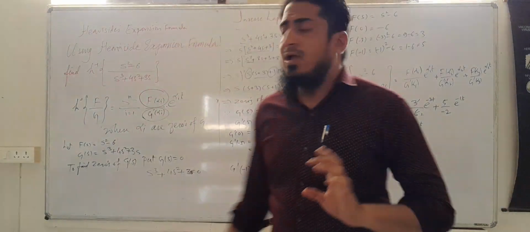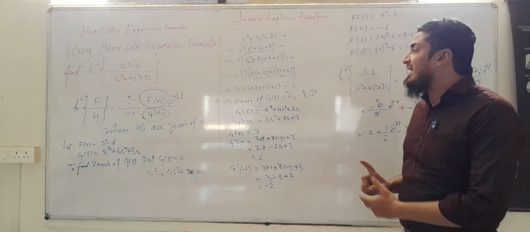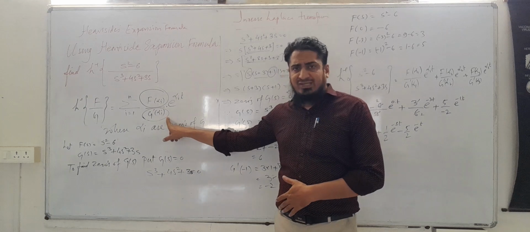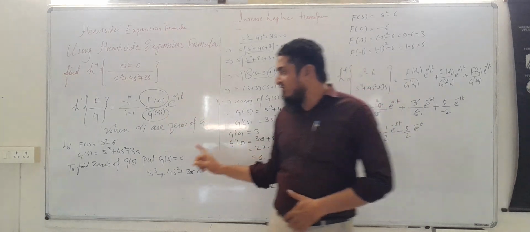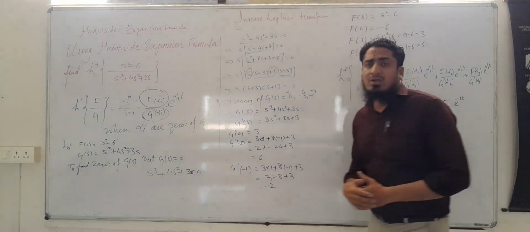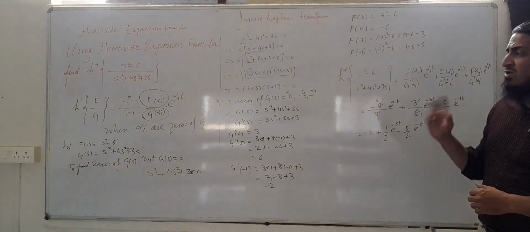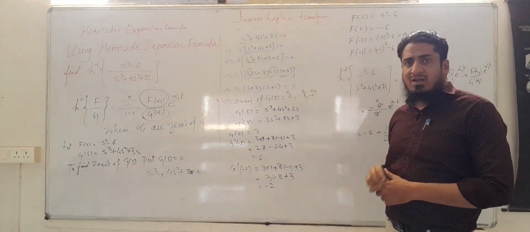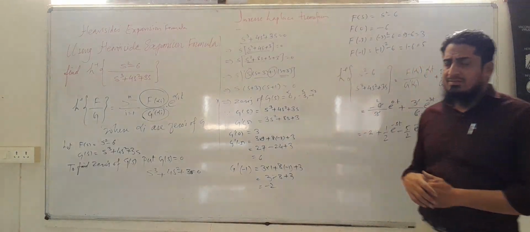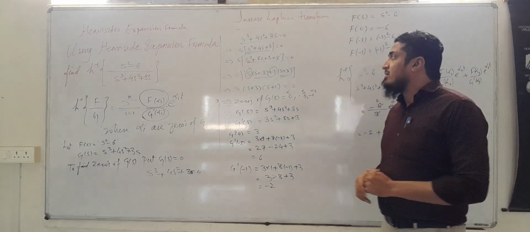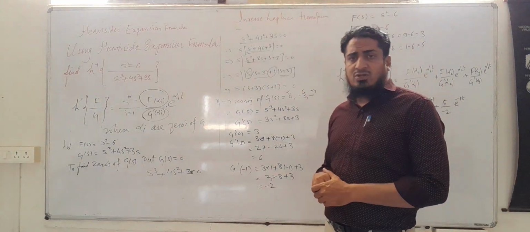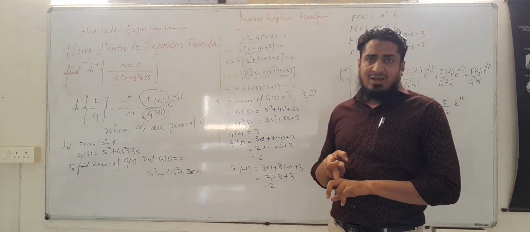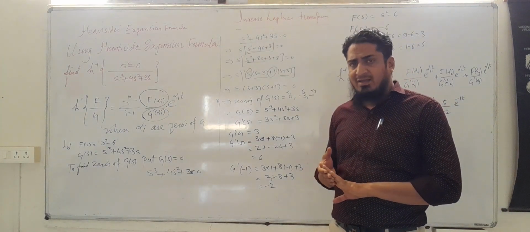Remember, we have to first of all find the zeros of g of s, and whatever zeros of g of s there are, we name them alpha 1, alpha 2, alpha 3 up to alpha n. By using these zeros or roots of that equation, we can find f of alpha 1, f of alpha 2, f of alpha n.